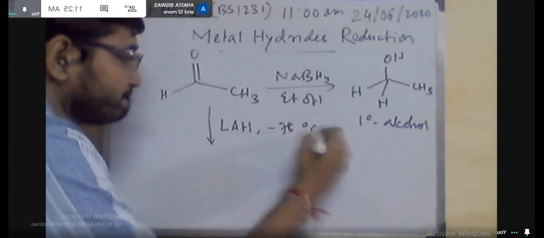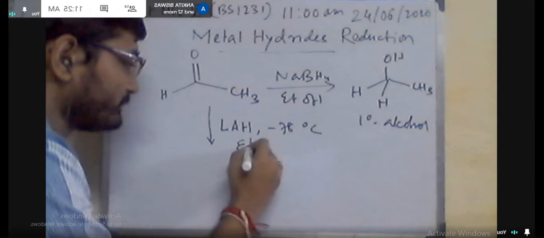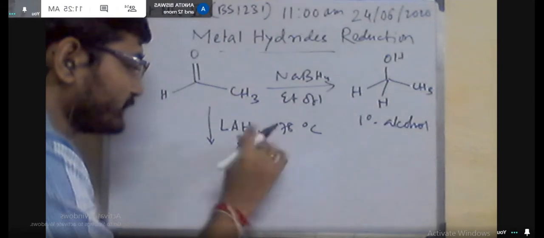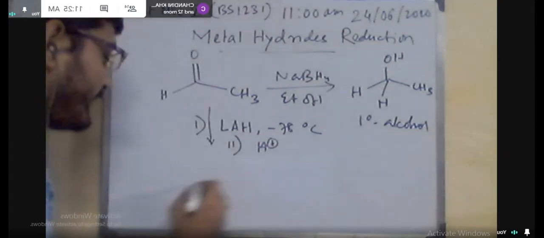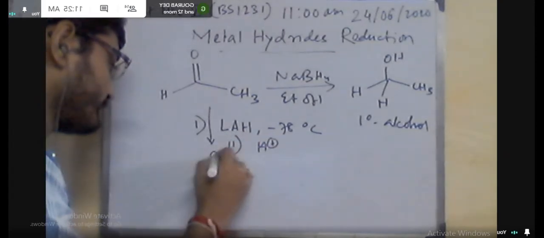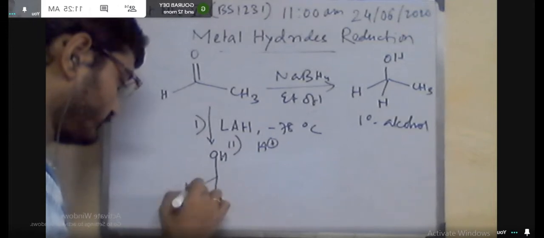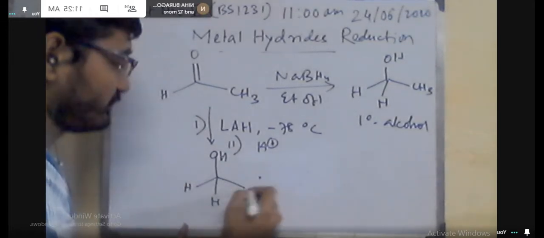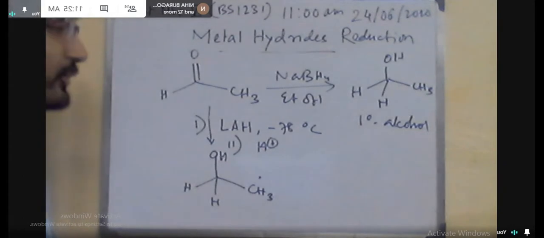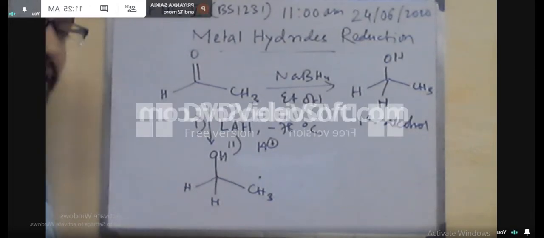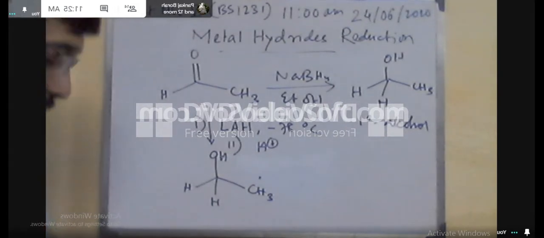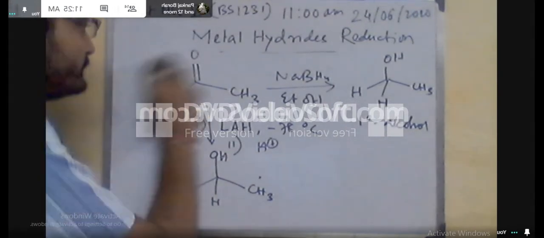Okay. Now for the ester molecule. In this case, if you use sodium borohydride in presence of ethanol, there is no reduction, because sodium borohydride has reactivity only up to aldehyde and ketone, and beyond this it can't reduce.